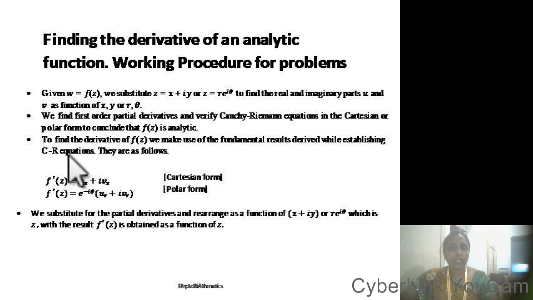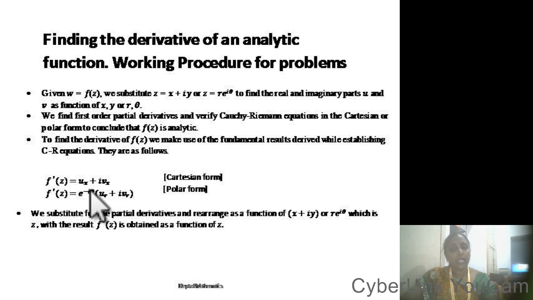And the third step is, we have to find f dash of z, that is the derivative of f of z, by using the fundamental result, that is f dash of z is ux plus i vx, where ux means dou u by dou x and vx means dou v by dou x, in terms of Cartesian form.